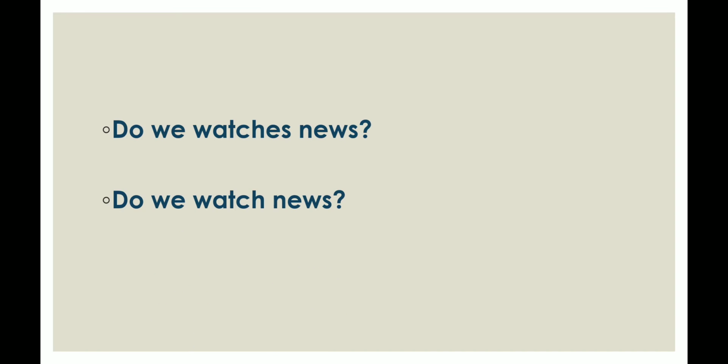I don't knows him. With do or does we use root form of the verb, so the correct answer is I don't know him. Do we watches news? Again with do or does we use root form of the verb. Do we watch news? We helps the poor.